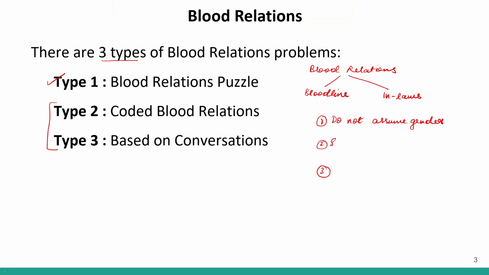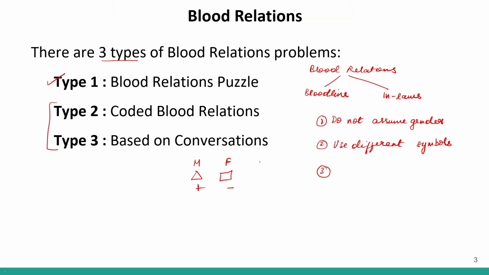The second point I have told you is to use different symbols. Why do we do this? Basically to avoid any sort of confusion. When I talk about a person, I use M and F to represent whether the person is a male or a female. Some people use a triangle or a square or a plus or a minus. So whatever works for you.